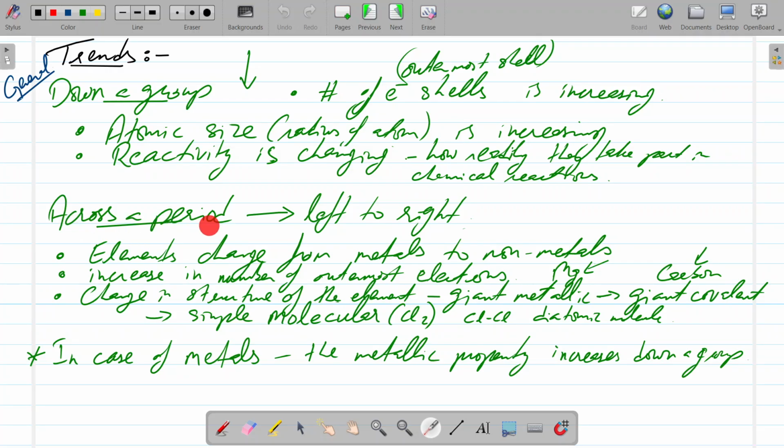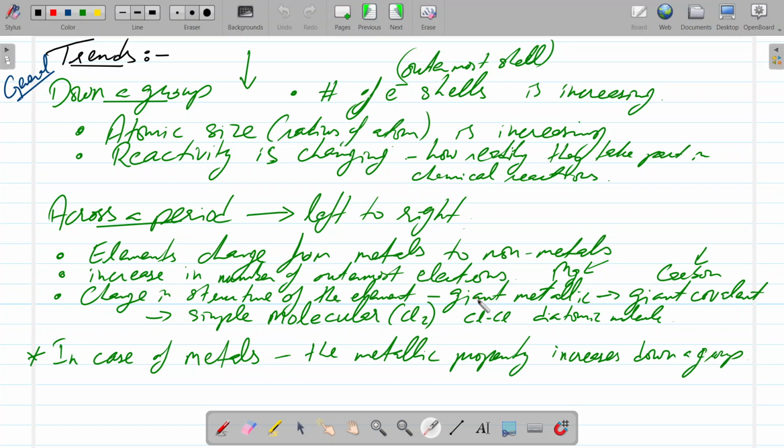When you move across a period, going from left to right, the elements change from metals to non-metals. That's one thing that's happening. There's an increase in the number of outermost electrons. So you have one outermost electron in group 1 in a certain period, and then you move across from left to right, and you end up with 8 at the end. And the structure of the elements also changes.